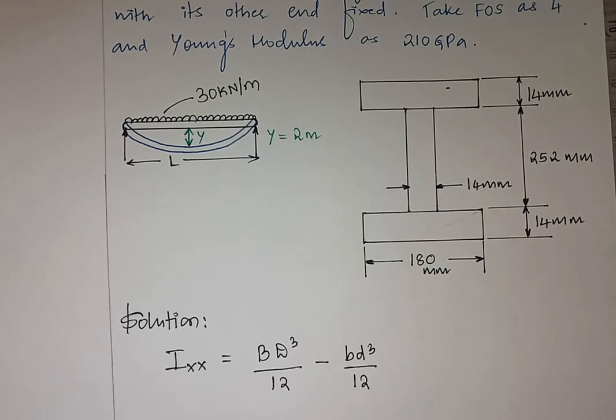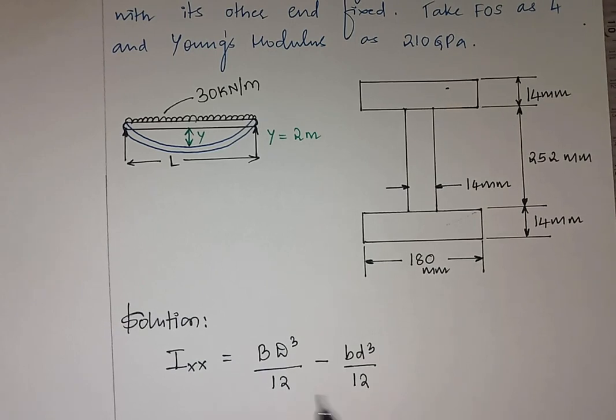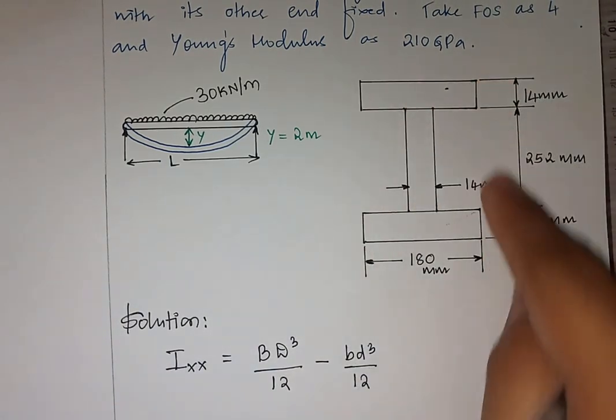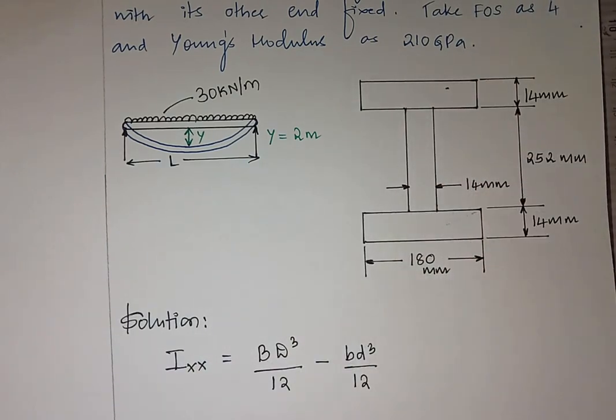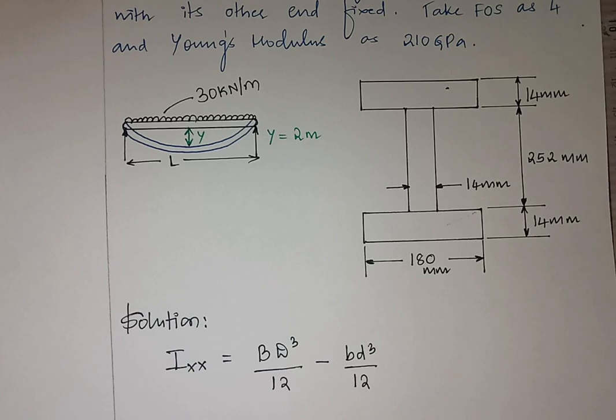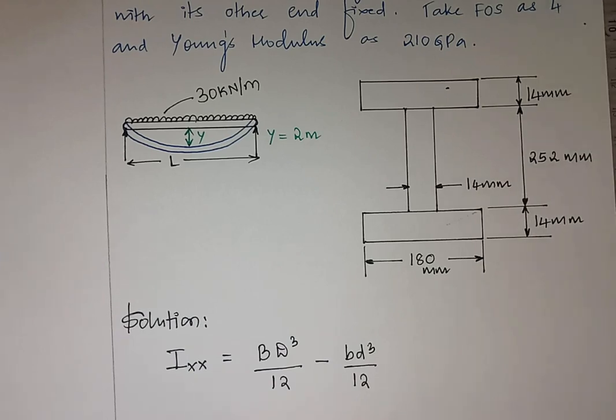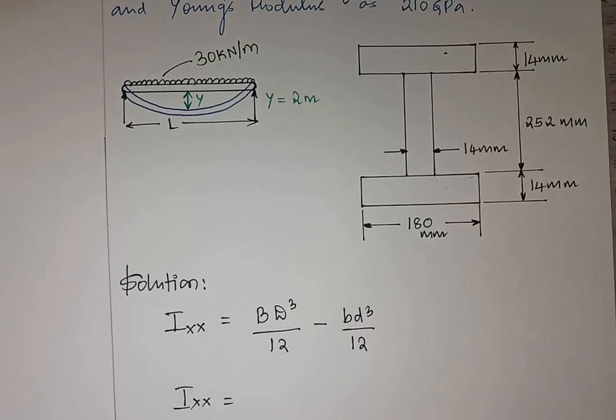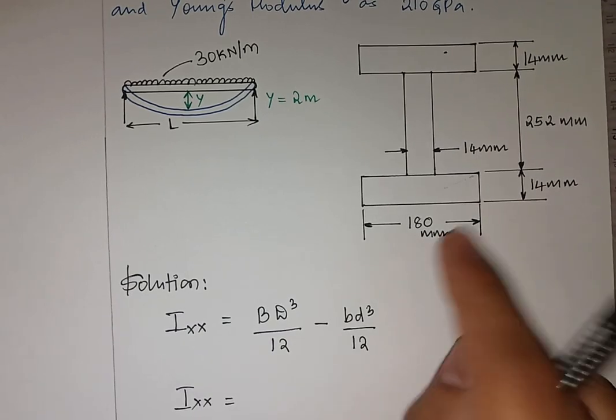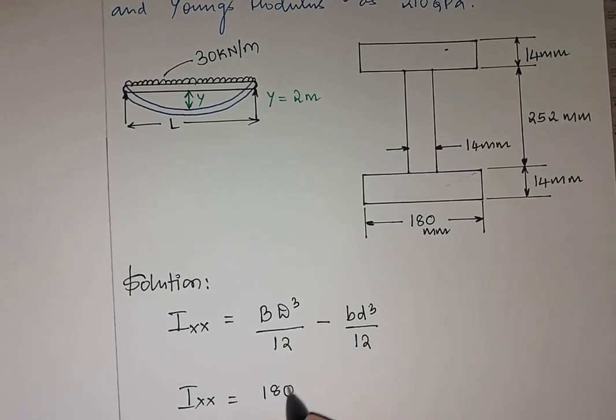Now you may be confused by seeing this formula. Don't worry, it is a very easy formula. BD cube is for the outer maximum rectangle that can be formed. B is 180.